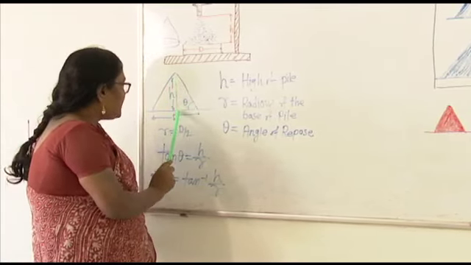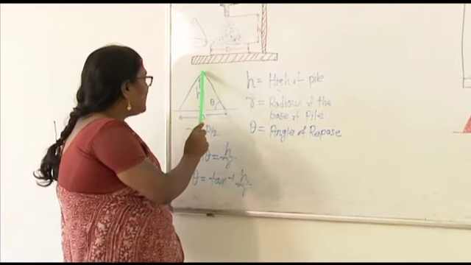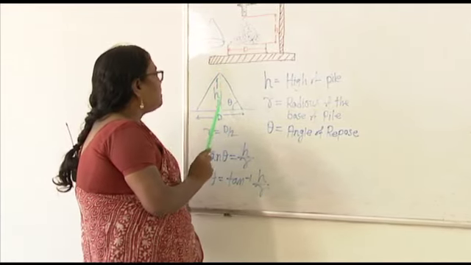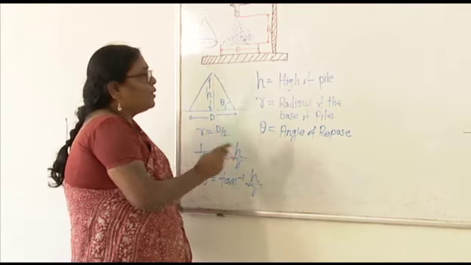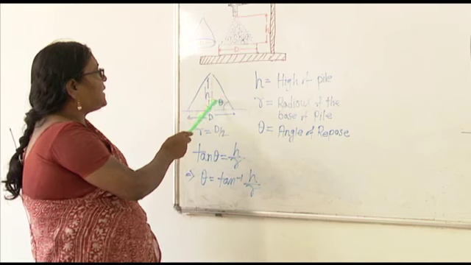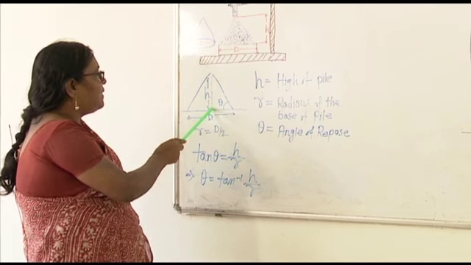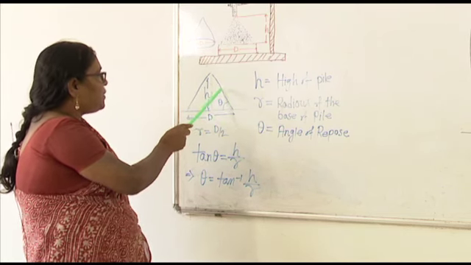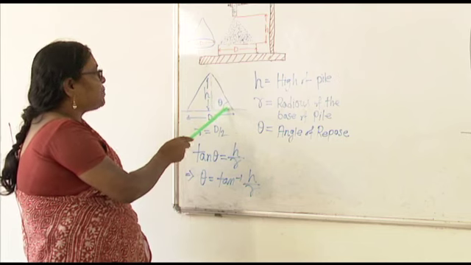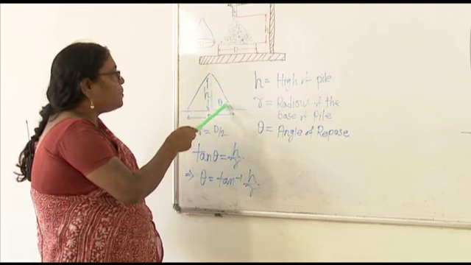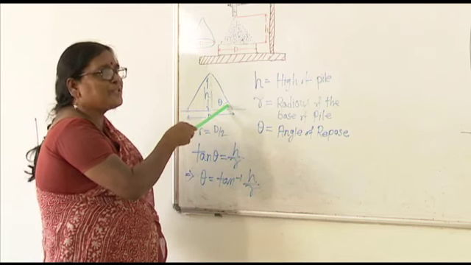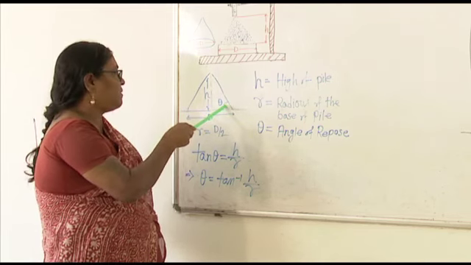This will be the height, that is the line joining the top to the center of the base. So exactly we are getting a right-angled triangle where the hypotenuse and the base make an angle theta. We are going to measure this theta by using the simple rules of trigonometry.